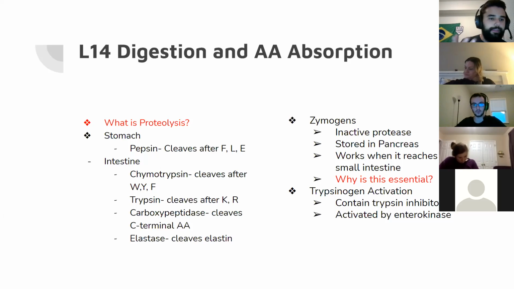For the intestines, they go through the pancreatic duct into our small intestine, and depending on the pH of all the food that's been broken apart, we activate certain zymogens.